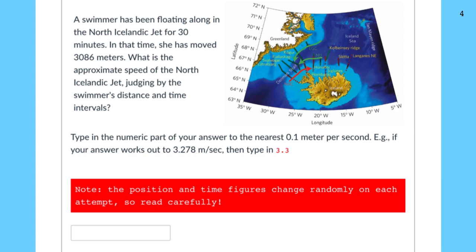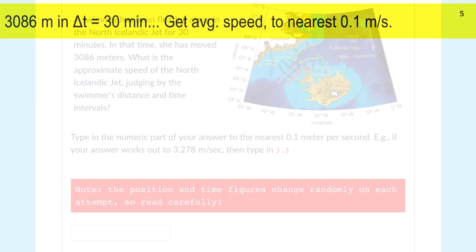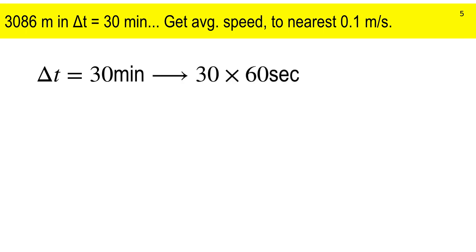It might not be the x-axis. And then 30 minutes gives you an amount of minutes and an amount of seconds. You want the answer to the nearest meter per second. So to get the average speed, you need a delta T. Delta T is in minutes, so you have to convert, and you want it in seconds. You multiply by 60 seconds per minute, and that gives you 1,800 seconds.